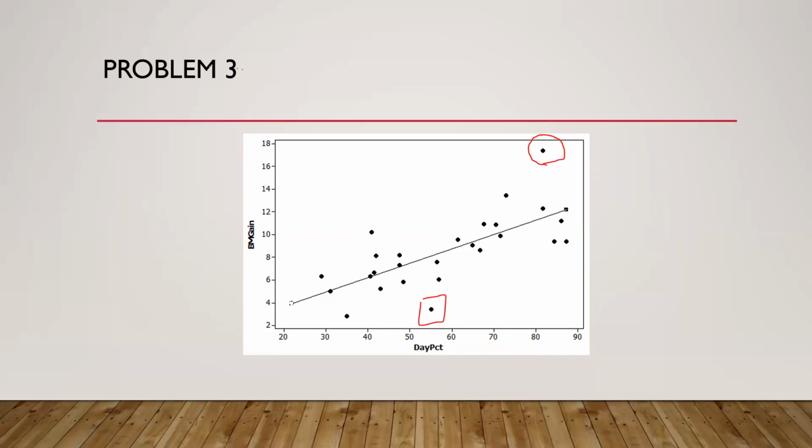But what we're looking at is not just how low it is, but how far it is below the line. So that one between 50 and 60 is farther below the line than the one between 30 and 40. So that's why we put the square around that one.